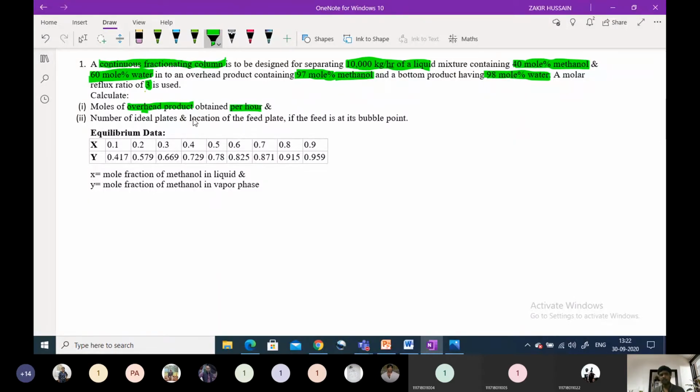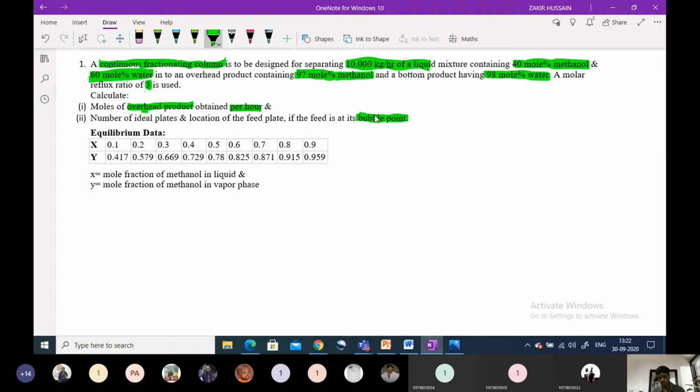Then the number of ideal plates and the location of the feed plate, they are asking for both. If the feed is at its bubble point, bubble point means it is a saturated liquid, whereas feed at its dew point means saturated vapor. Here the feed is at its bubble point, meaning the feed is saturated liquid. For saturated liquid, what is the q value? q is equal to 1.